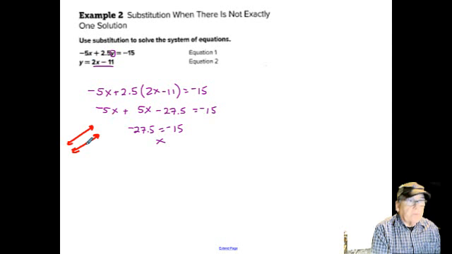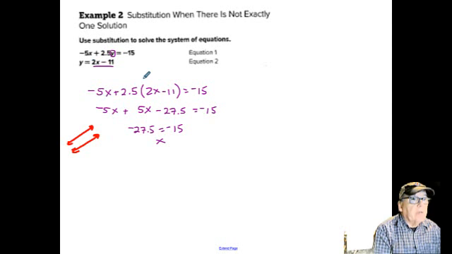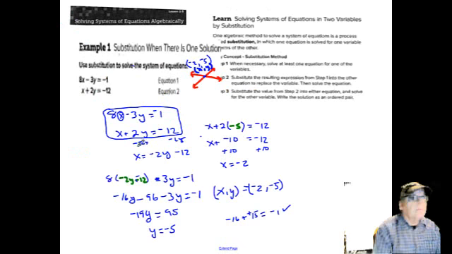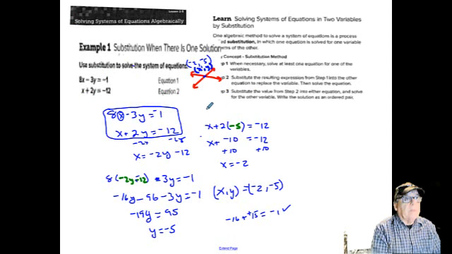So if we wanted to throw some vocabulary in on this, this is an inconsistent system because there is no solution. So it's an inconsistent system. If we look back at the one before, we get an answer that makes it consistent.